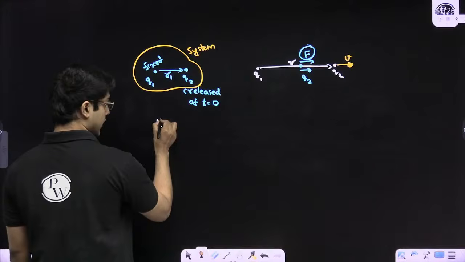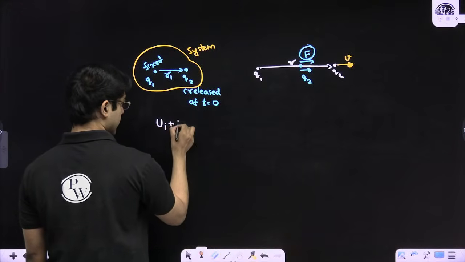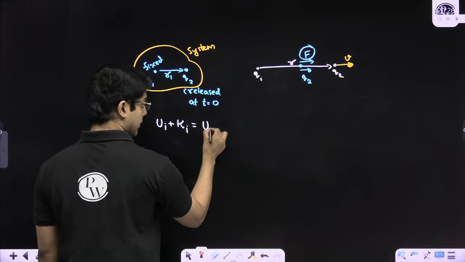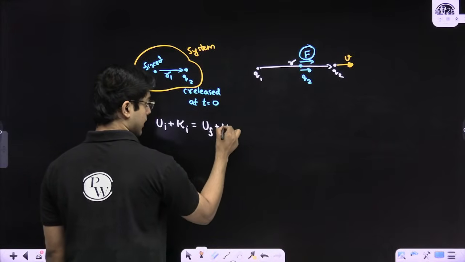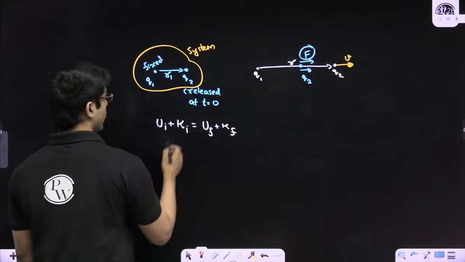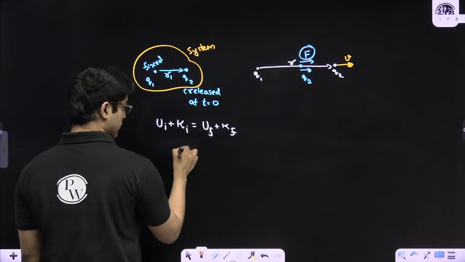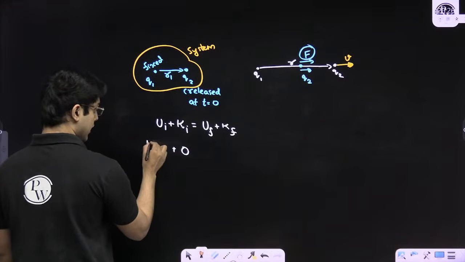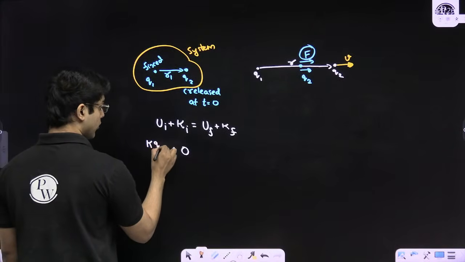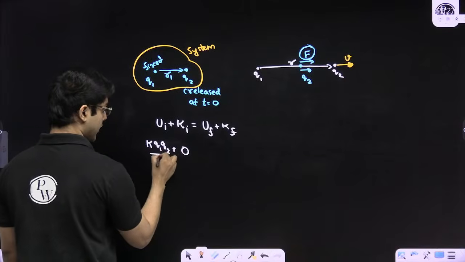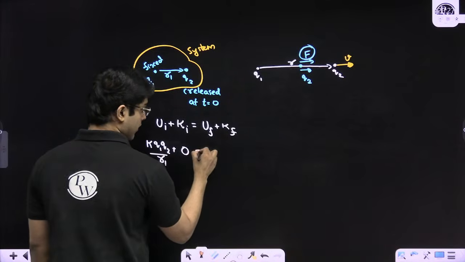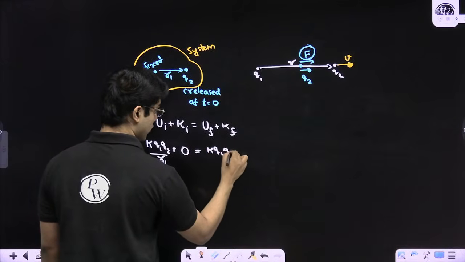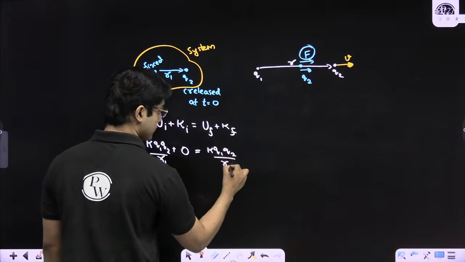So we can just say the initial total mechanical energy, which is Ui plus Ki, equals final mechanical energy, Uf plus Kf. So initially kinetic energy is 0 because both charges are at rest. Initial potential energy is K Q1 Q2 divided by R1. Final potential energy will be K Q1 Q2 divided by R2.